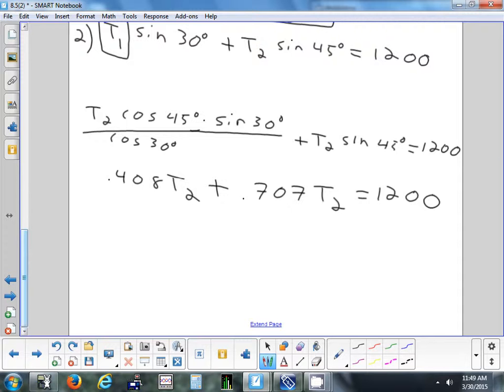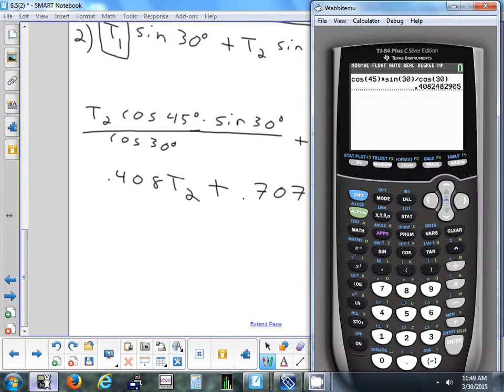Joe, what do I do next there? Combine T2. Yeah, you have like terms, T2, combine them together. So 0.408 plus 0.707 gives me 1.115.